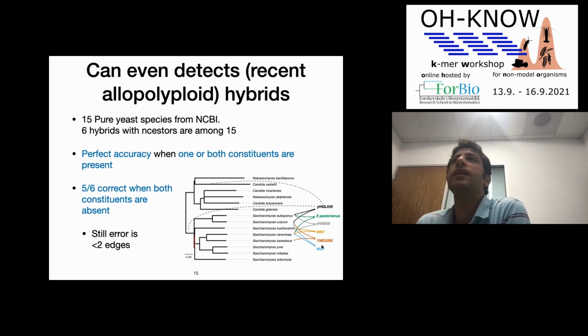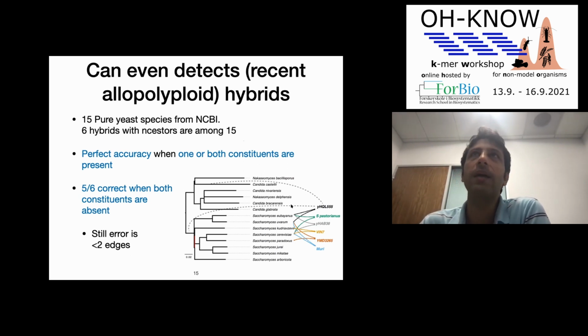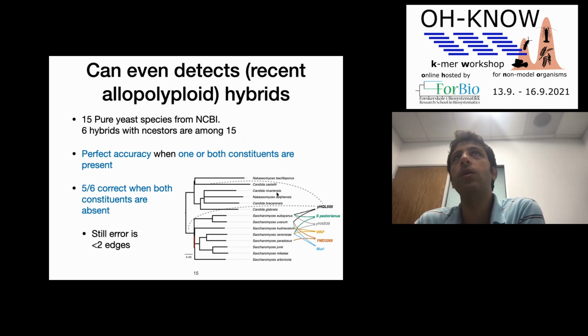So we took each of these and we tried to double place them on this phylogenetic tree of the yeasts. So these are your references in this case. When all of the constituents were in the data set, we had perfect accuracy with MISA. So it was able to find the parents of these hybrids every single time.